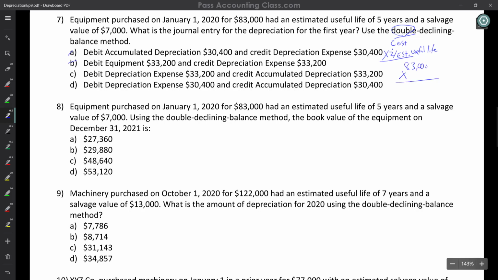We're going to multiply that by 2 divided by 5. And so that leaves us with 33,200. So the answer here is going to be C. And as I stated before, when we use the double declining balance method, we don't use the salvage value.